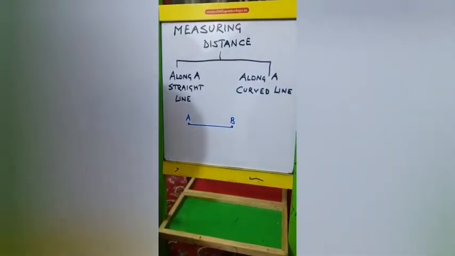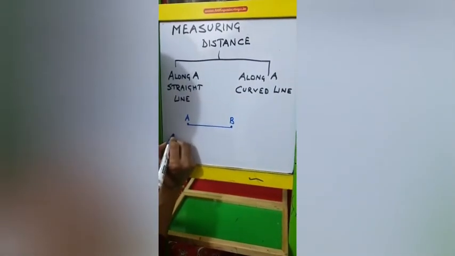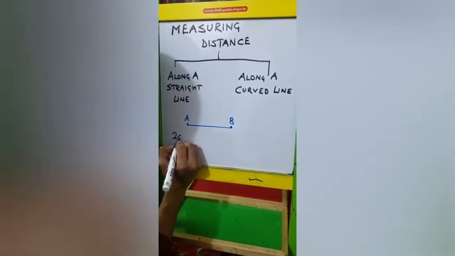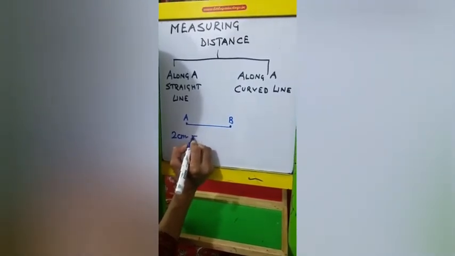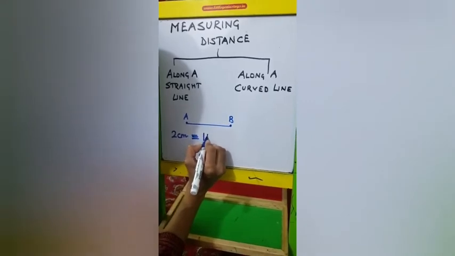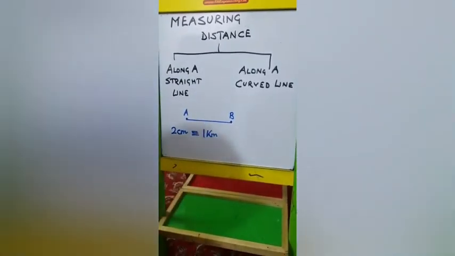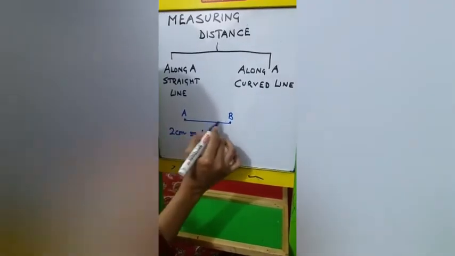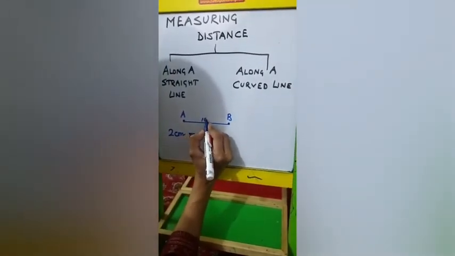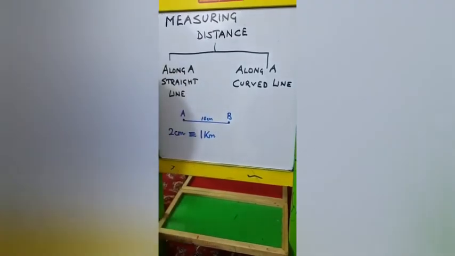So taking that my map scale is 2 centimeters represent 1 kilometer, I'll simply put it in unitary method. I just found out that this distance is 10 centimeters.